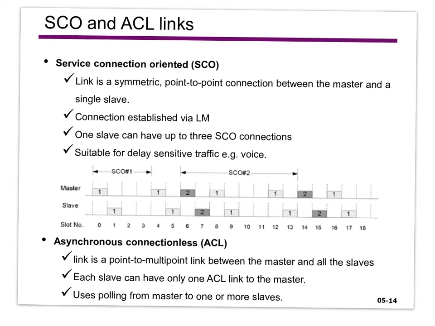In total we could have 3 concurrent SCO and 5 different ACL links to 5 different slaves. This is from the master point of view. But from the slave point of view, it's a maximum of 3 SCO connections and 1 ACL link.